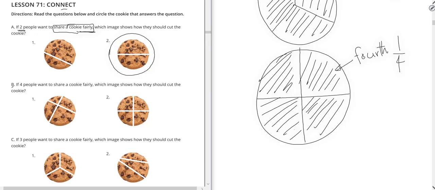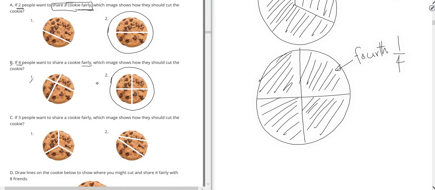Letter B. If 4 people want to share a cookie fairly, how many people? 4. Which image shows how they could cut the cookie? Number 1, how many parts? 1, 2, 3, 4, but they are not equal. Number 2, how many parts? 1, 2, 3, 4, and they are equal parts. 4 equal parts. So we will circle number 2.